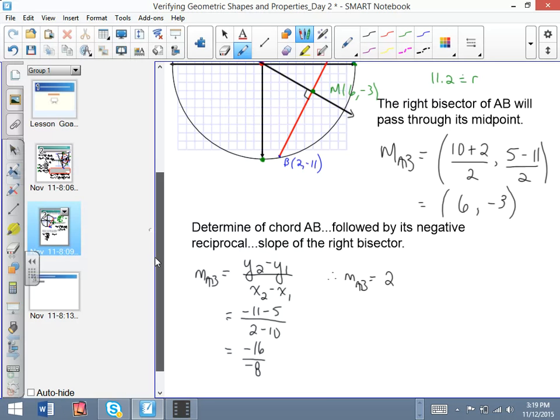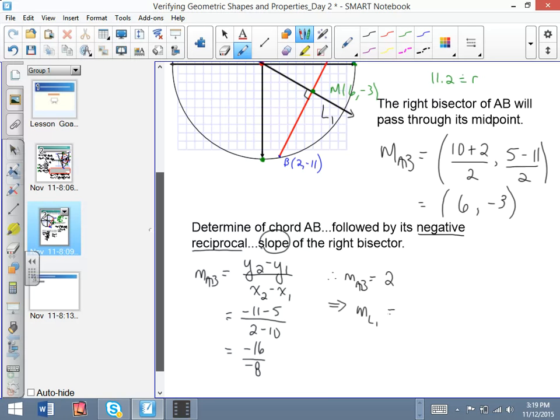Okay, so recall that I mentioned the word negative reciprocal, which would end up being the slope of the right bisector. So let's go ahead and do that. So the slope of the right bisector, or perpendicular bisector, why don't we denote that as line 1, L1. So that implies that the slope of line 1, or the perpendicular bisector, would be equal to the negative reciprocal.